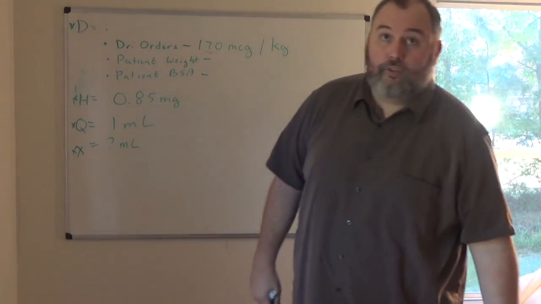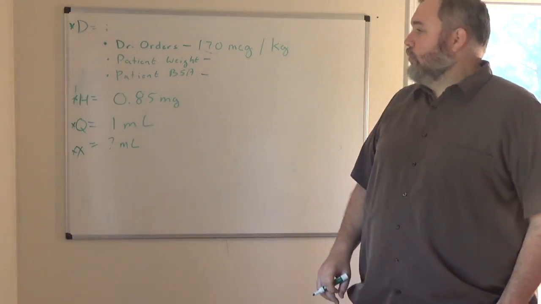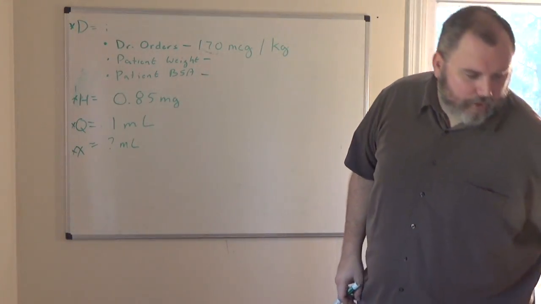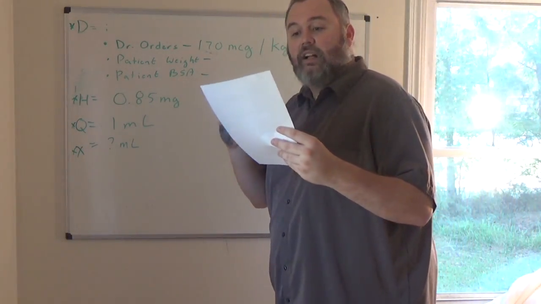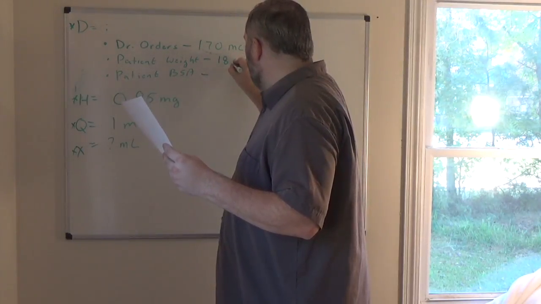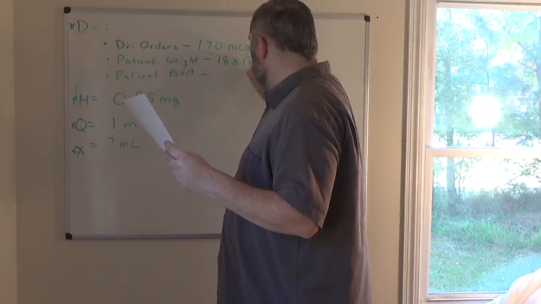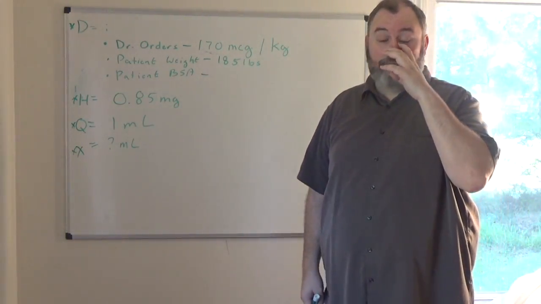Okay, so we got a couple things happening here. First off, we have the doctor's orders. Oh, wait a minute, I forgot to mention. Here we go. I'm sorry, I skipped the line. It also says that the client weighs 185 pounds. Wow, we got several things happening here.